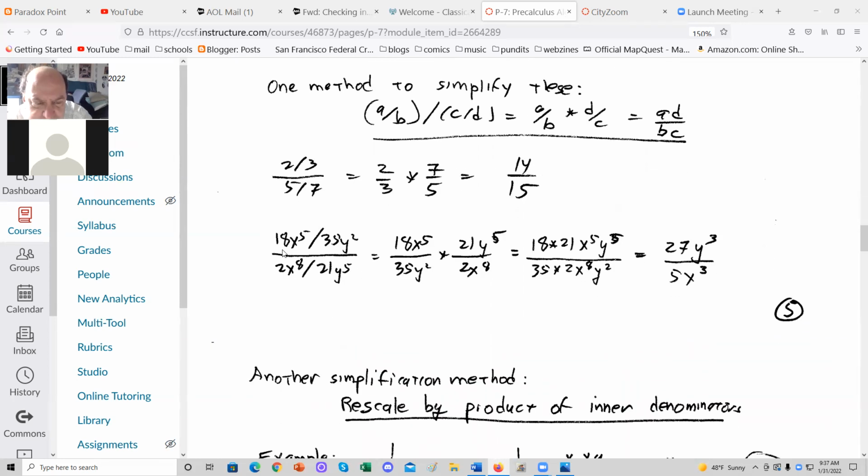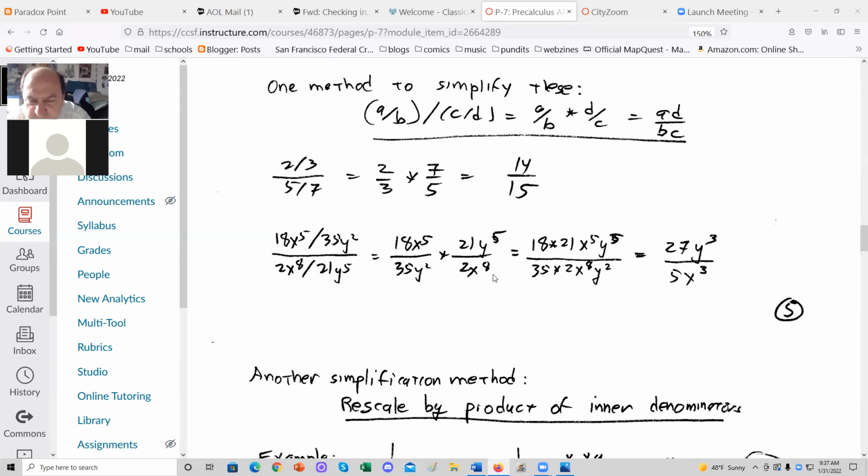Here we have 8x to the 5th over 35y squared, all that divided by 2x to the 8th over 21y to the 5th. Okay, so the numerator times the reciprocal of the denominator. So 8x to the 5th over 35y squared here times, here we flip this upside down and get 21y to the 5th over 2x to the 8th.